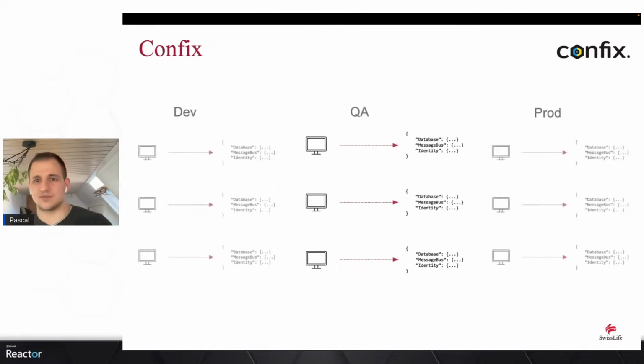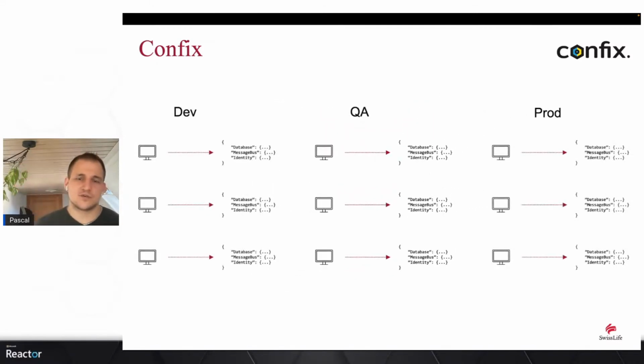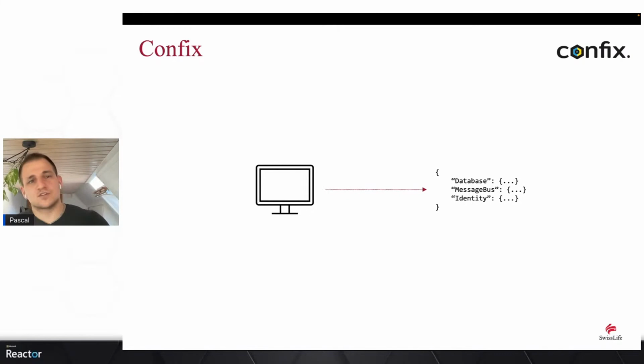To make matters even worse, you probably also have different environments, like, for example, QA or production. For each of these environments, your configuration is different. You have, for example, different databases, you have different identity clients. And the biggest question in the end is, how do you manage these JSON files and how do you store these JSON files in a secure way?